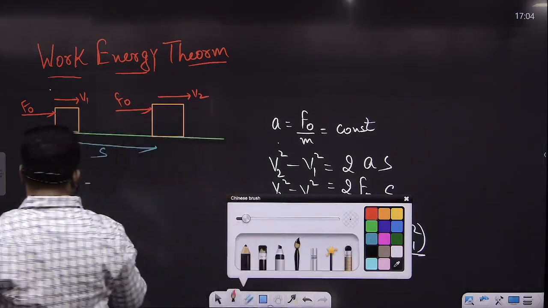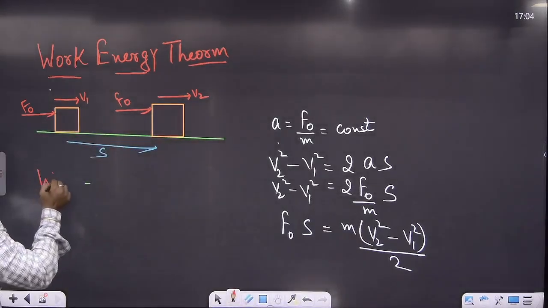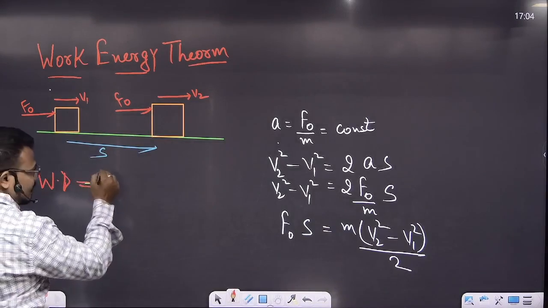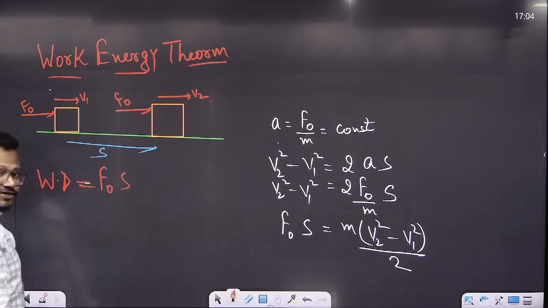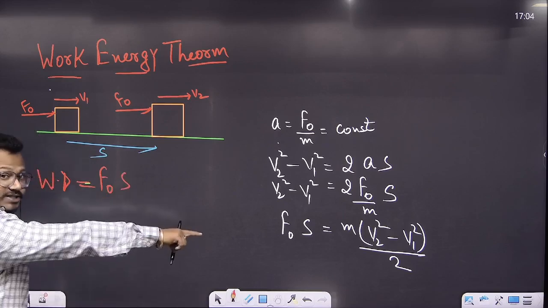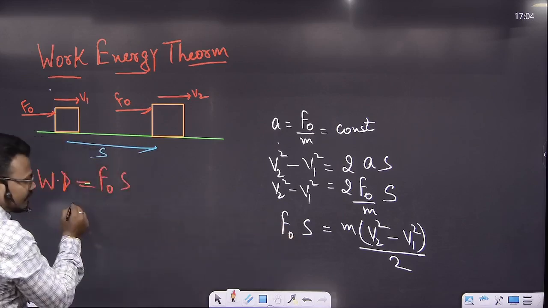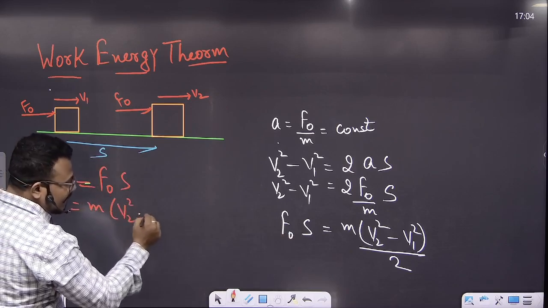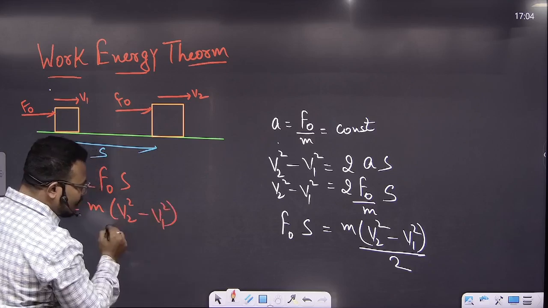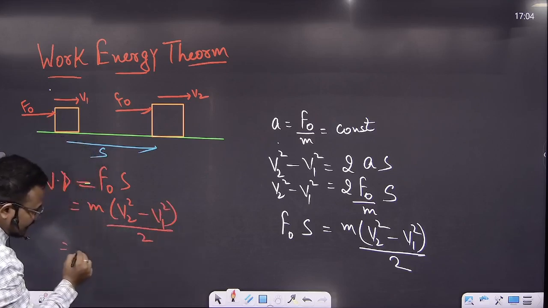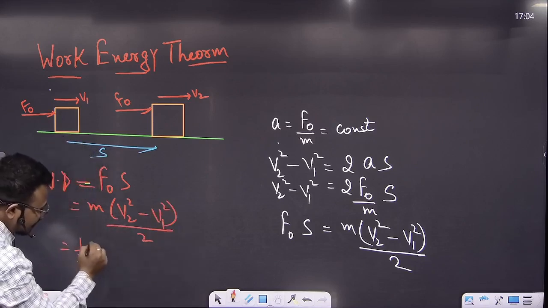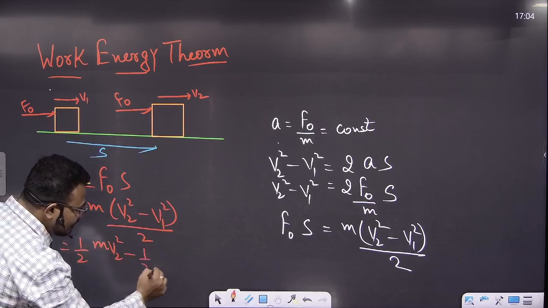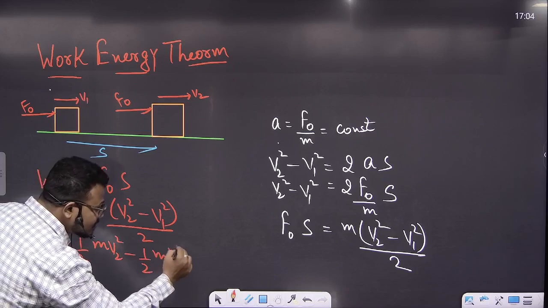The same way, if I write the work done, work done is F naught s. What is the value of F naught s you have got? F naught s is m times v2 square minus v1 square upon 2. So we can write it like this: half m v2 square minus half m v1 square.